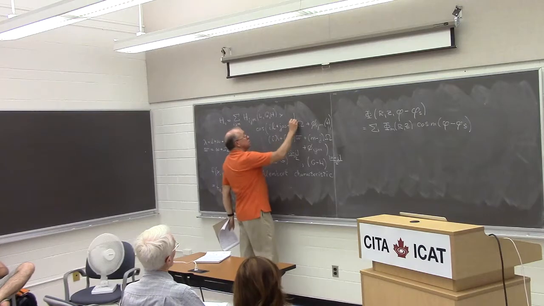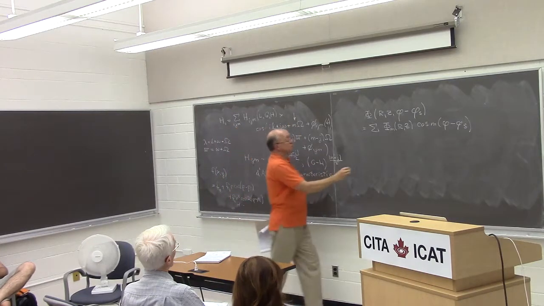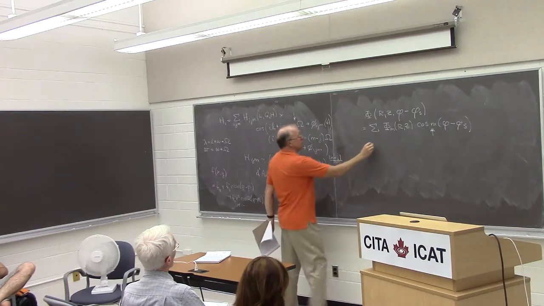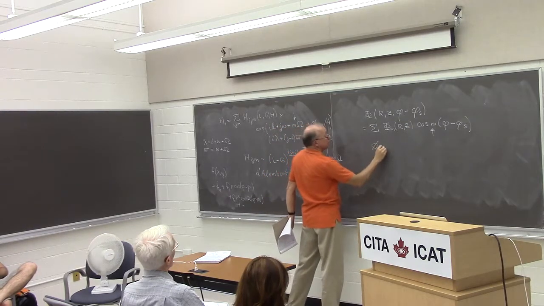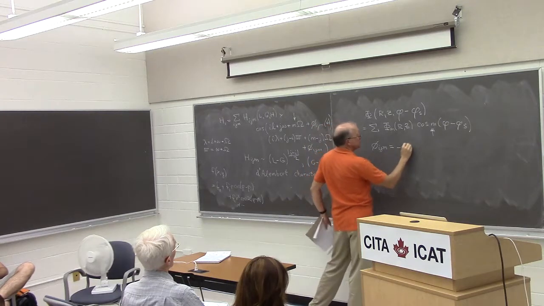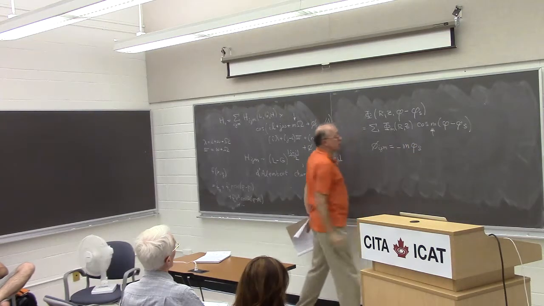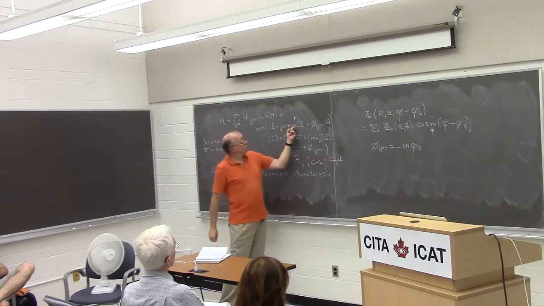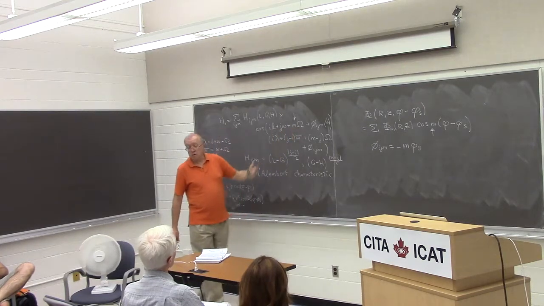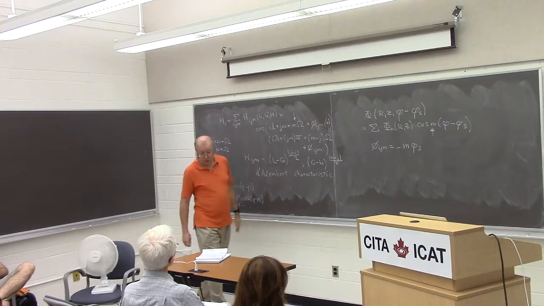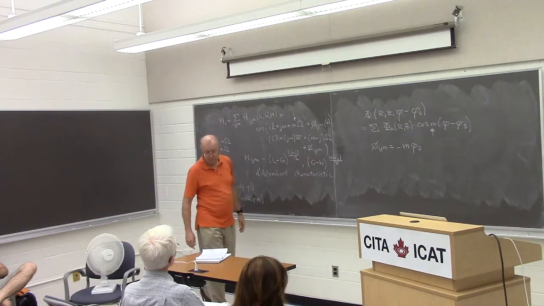And so this m has to be the same as this m. And what I've called phi ijm has to be minus m phi s. That is, the integer that I've called m here is the same as the azimuthal wave number for the Fourier expansion of the potential.